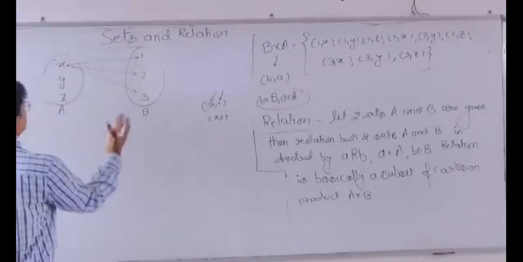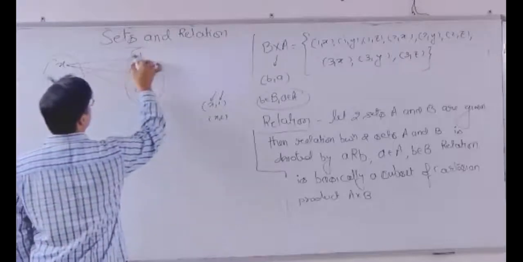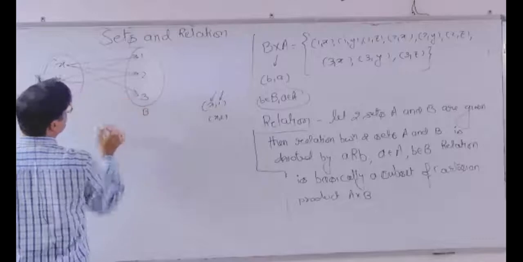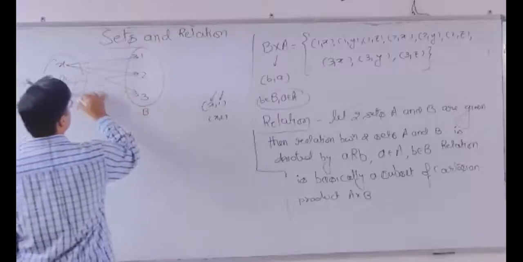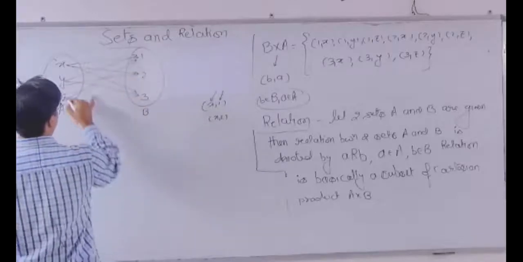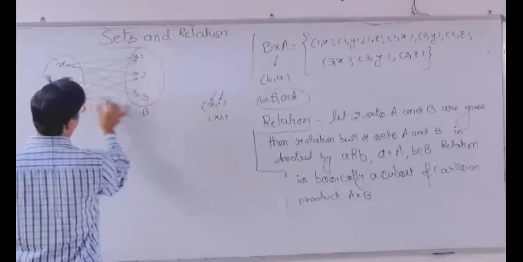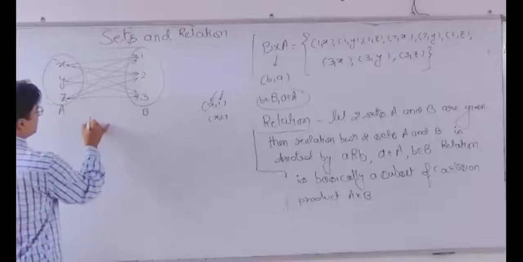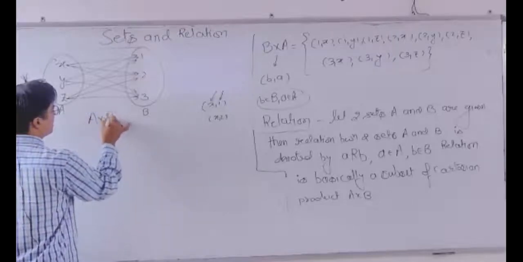Similarly, Y is connected to 1, 2 and 3. Similarly, Z is connected to 1, 2 and 3 also. So this is nothing but our Cartesian product A cross B.